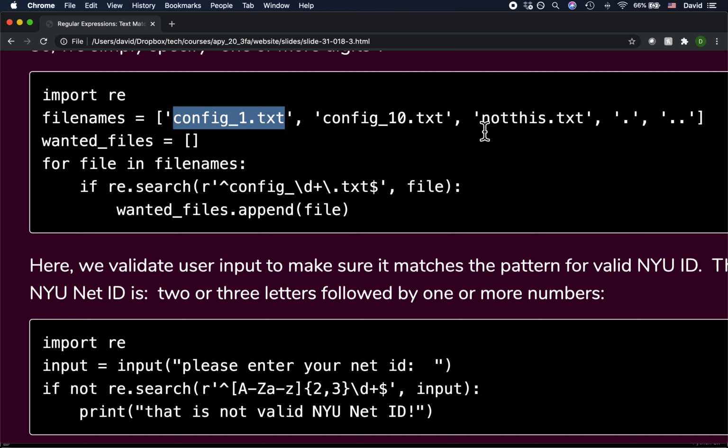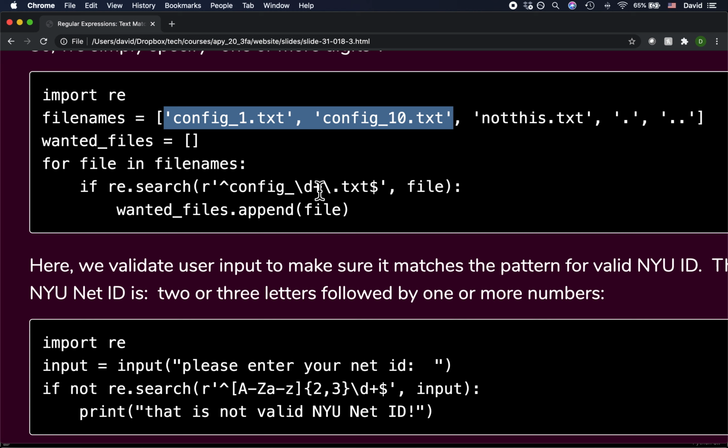Those that don't match should be rejected, but if we're interested in just looking at the config files in our directory, we might want to look for this. And so what is this pattern? Well, if it can match on config_1, but it could also match on config_10, obviously we're not just talking about matching on a single digit character, we're really talking about matching on one or more digit characters.